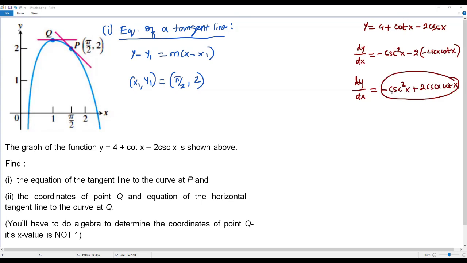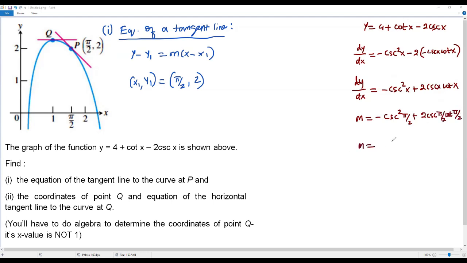So I plug in the x coordinate of the point P for this x. So m equals negative csc²(π/2) plus 2 csc(π/2) cot(π/2).